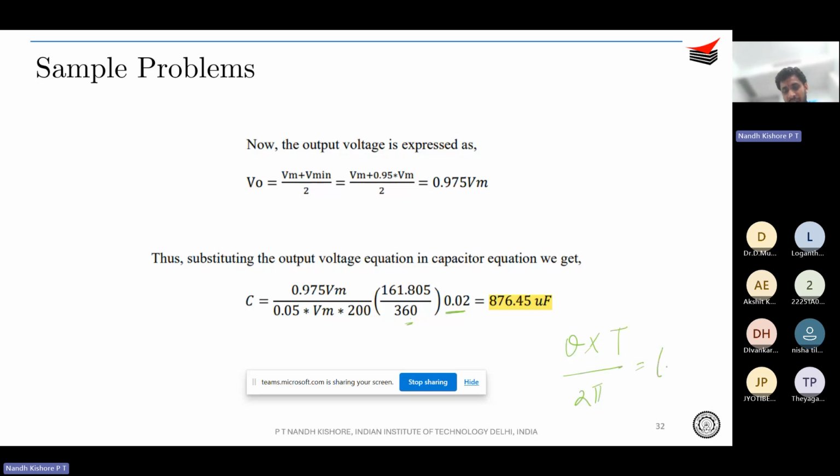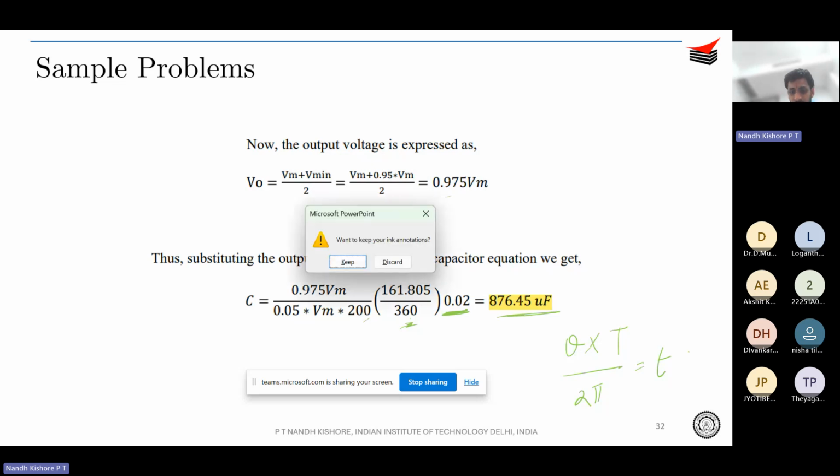This will give you the time. So 161.8 into 0.02, 20 milliseconds, divided by 360 degrees. Everything else is the same: 0.975 Vm, 0.05 Vm, 200 ohms. If you do that, you will end up with 876 microfarads.